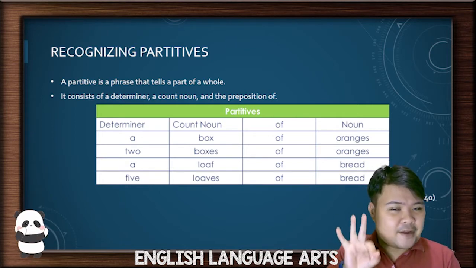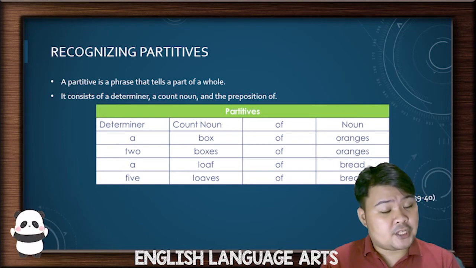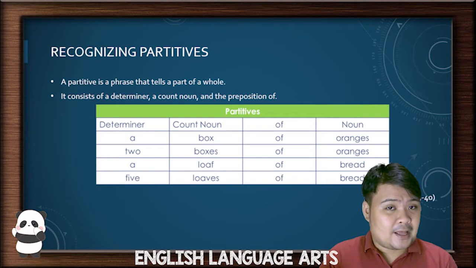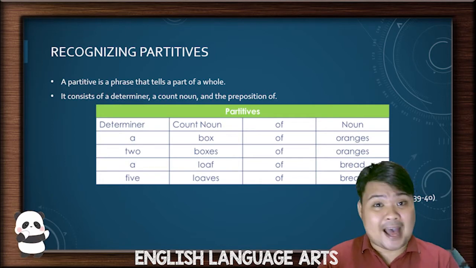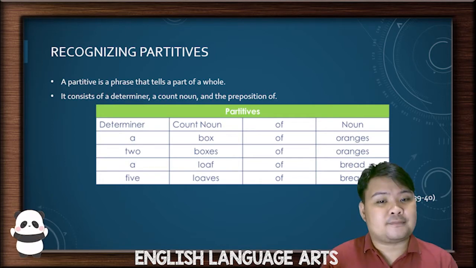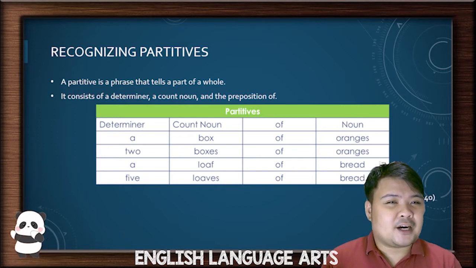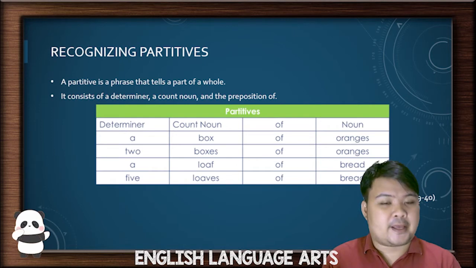There are three very important parts of a partitive. The first one, there should be a determiner, followed by a count noun, and the preposition of. Determiners are numbers, or you could use articles such as a or an, or even the. These determine just how many you are referring to.